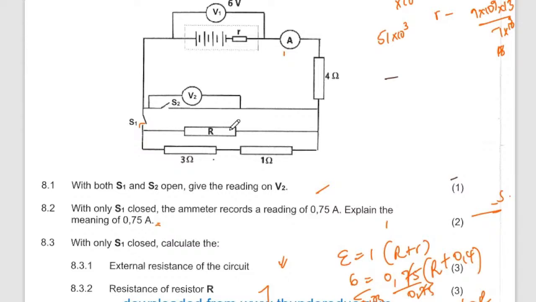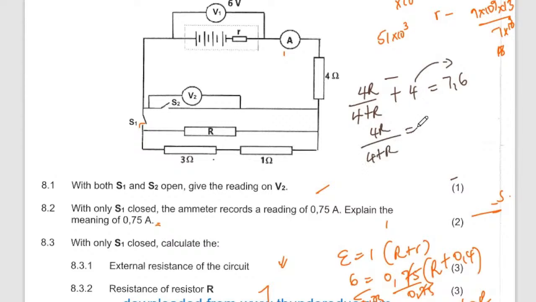So let's see. We said product over the sum, 4R over 4 plus R, now plus this 4 ohms must give us the 7.6. Move the 4 to that side. 4R over 4 plus R must give us 3.6.